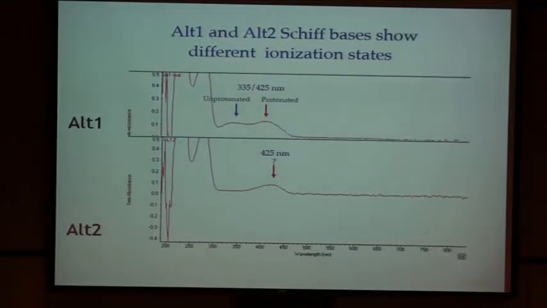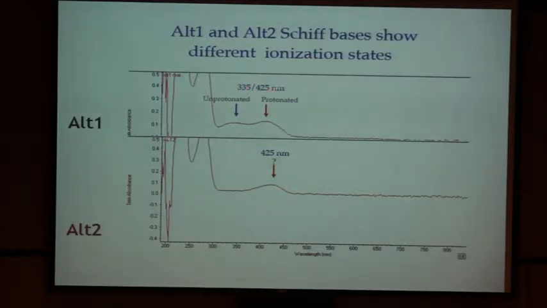And to be an active protein, they need to have a Schiff base. This Schiff base you can look at in the UV spectrum and in the visible spectrum. And this Schiff base is in 300 to 450 nanometers.